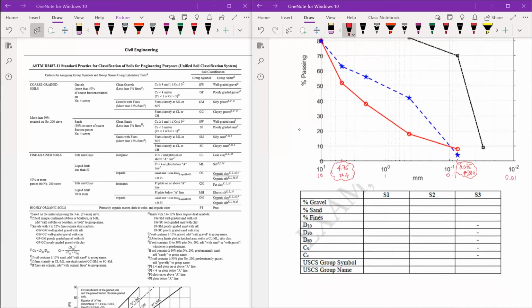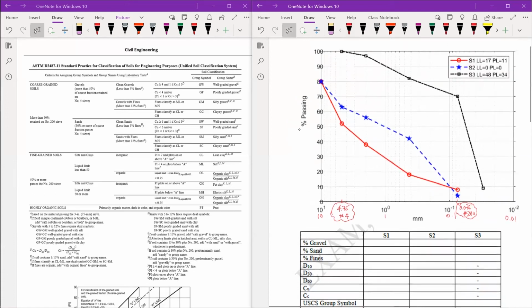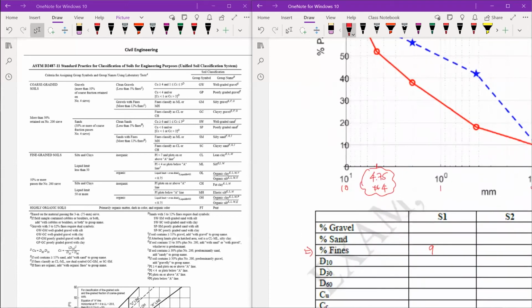For sample number 1, the red curve, the percent passing number 200, at 0.075, we read 9%. So percent fines is the portion that passes number 200.